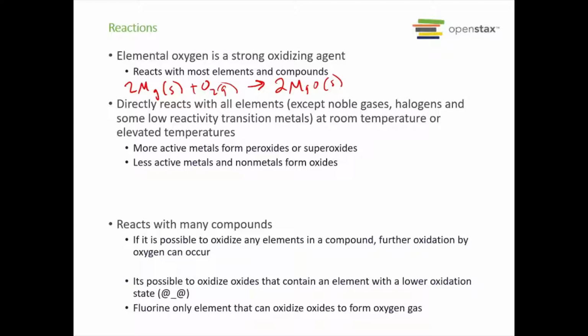It directly reacts with all our elements except the noble gases, halogens, and some low reactivity transition metals, and reacts with everything except those at room temperature or at elevated temperatures if needed. When it reacts with the more active metals, it can form peroxides or superoxides. When it reacts with the less active metals and nonmetals, it can form oxides.